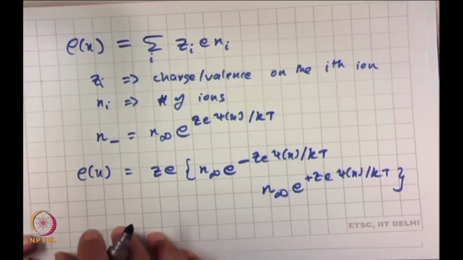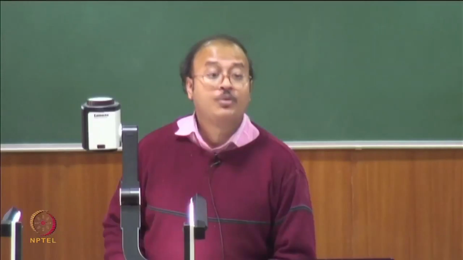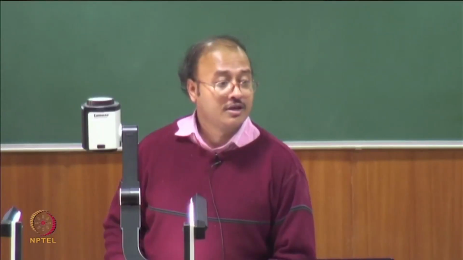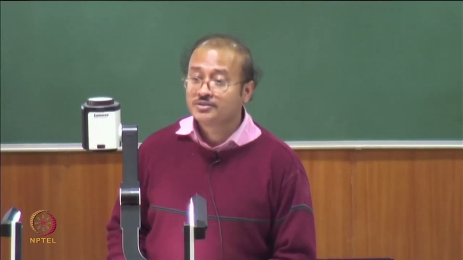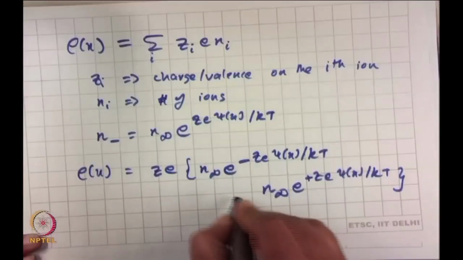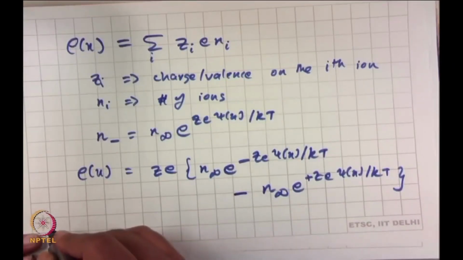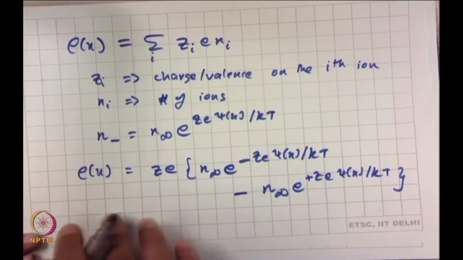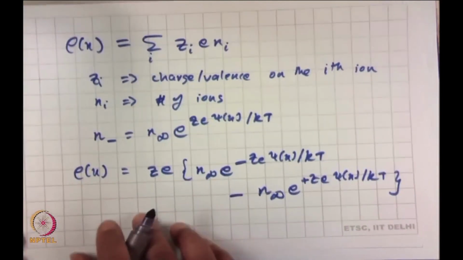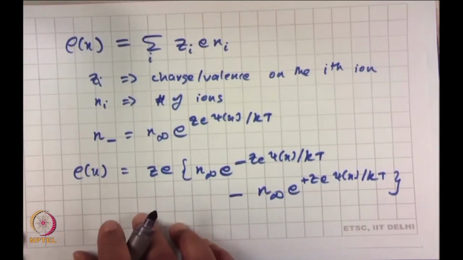Now remember, your n plus and n minus have opposite charges, don't they? So I just put a negative sign out here to take the charge effect into consideration. Now this is your total rho of x, that means the total charge density.